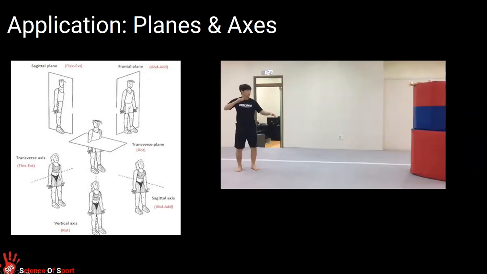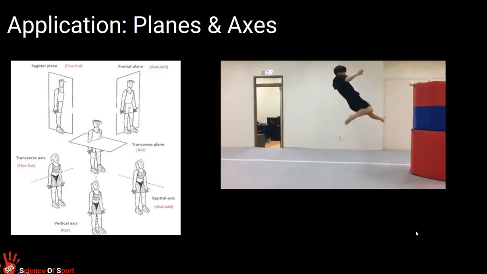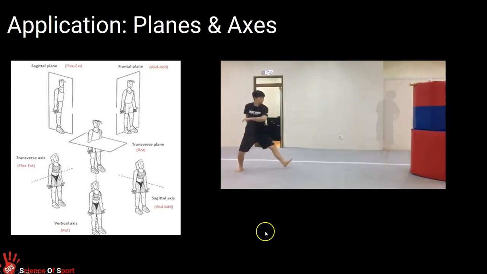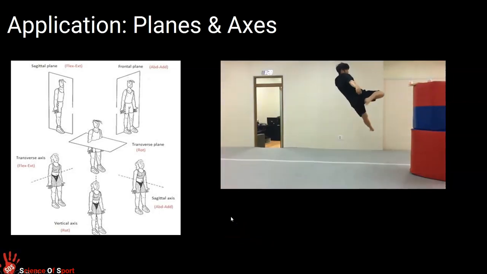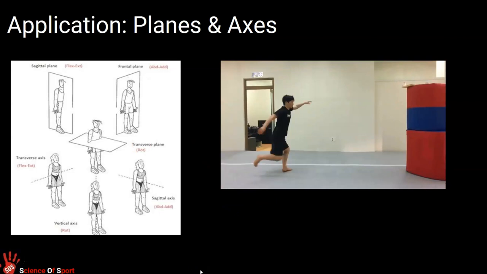Last one, pause the video and have a look at this once I've shown you this movement. It's a little video clip. It's a spinning roundhouse kick. So pause the video, have a look at the diagram on the left, see if you can pick out which plane and which axis the spinning roundhouse is done in.